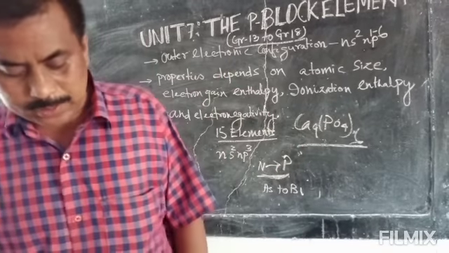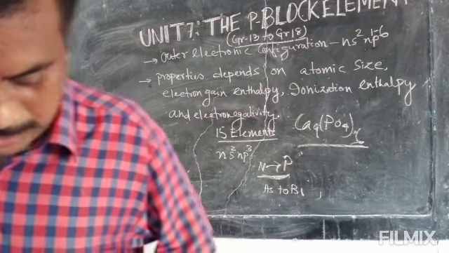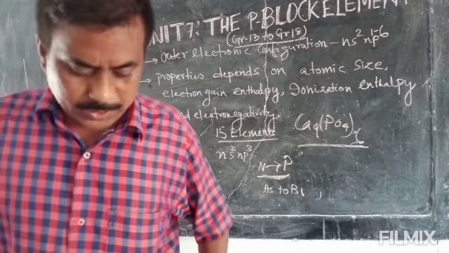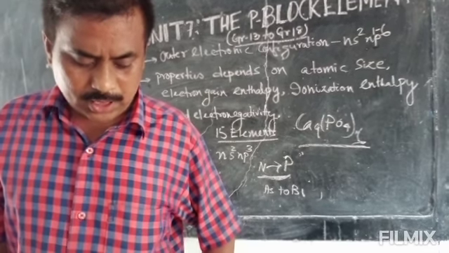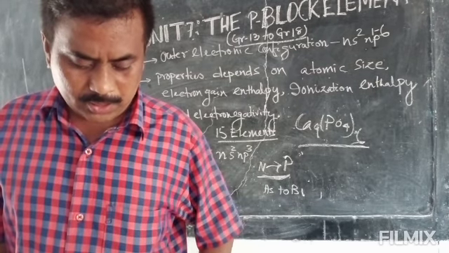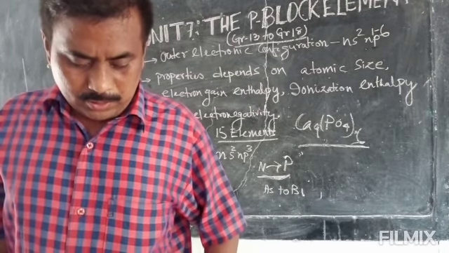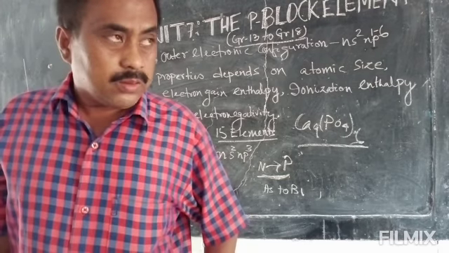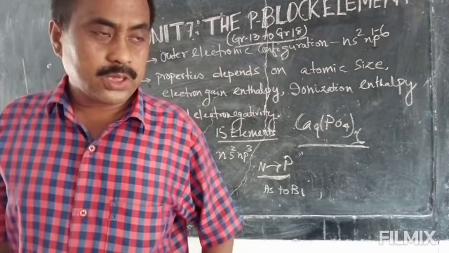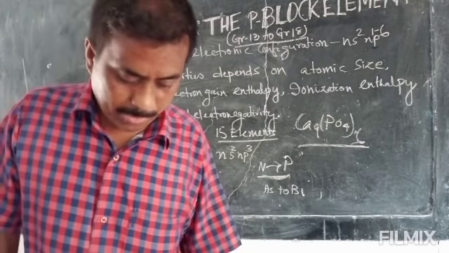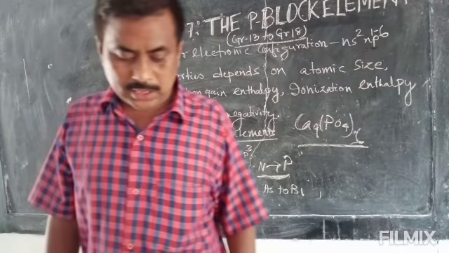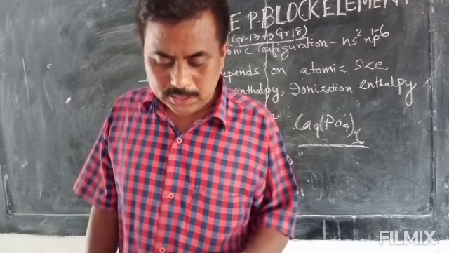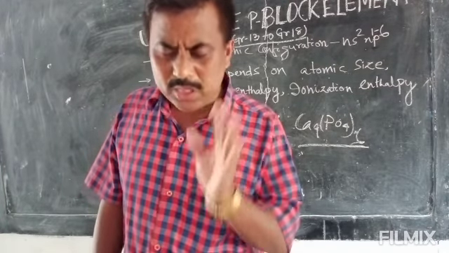So we can ask why the size from arsenic to bismuth has a small increase in the covalent radii as compared to the earlier members in the same group. Lighter members have a gradual increase in size, whereas heavier members have a small increase in size.